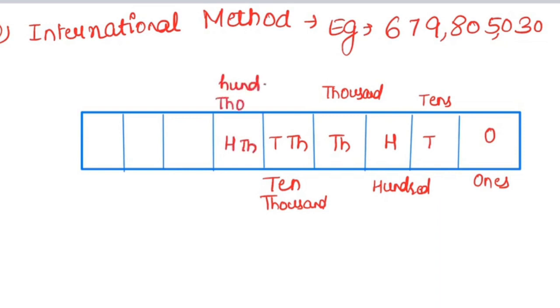Next what will be there? Next will be million, which is M. And the next is ten million, which is TM. And the next one is hundred million, HM.